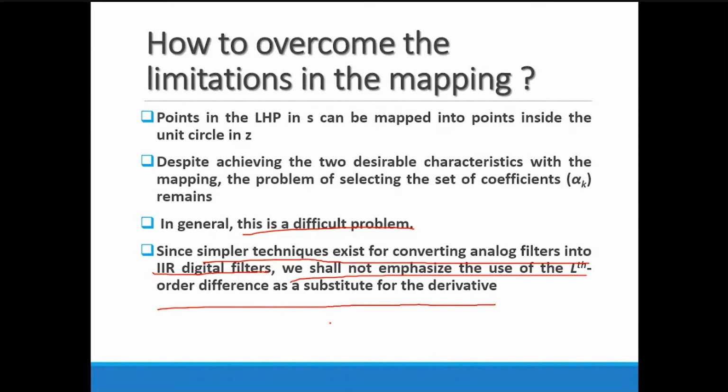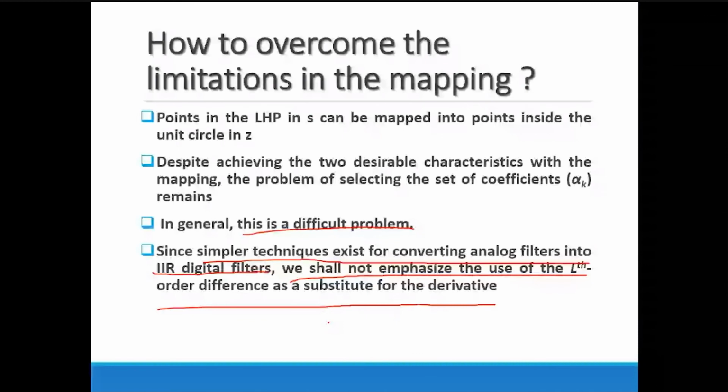Though as far as theory is concerned, this is the solution through which we are able to design the high pass filters using the analog filters, or map the S values into Z plane values which fall inside the unit circle.